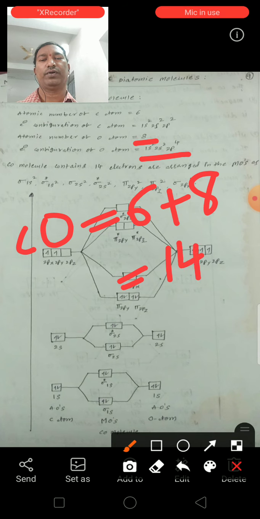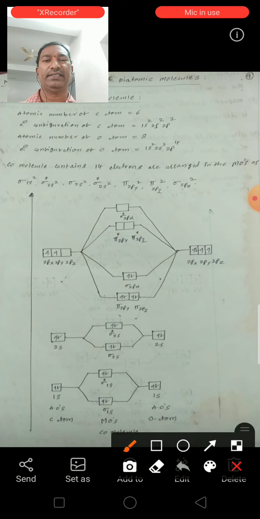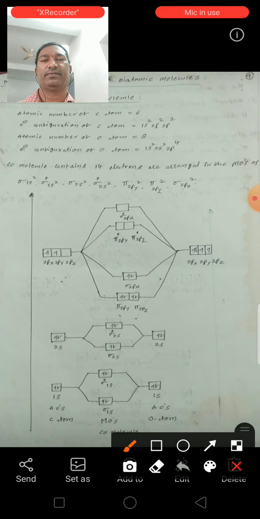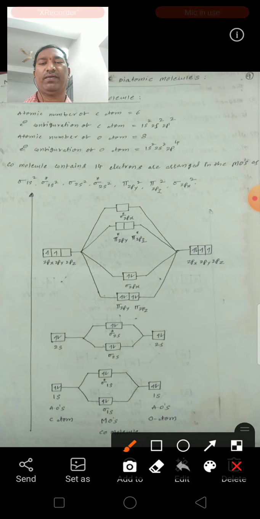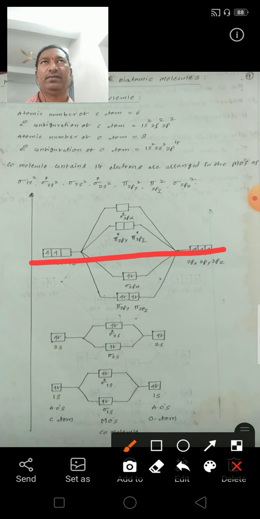These 14 electrons are arranged in the molecular orbitals in this order: sigma 1s, sigma star 1s, sigma 2s, sigma star 2s, then pi 2py, pi 2pz, sigma 2px, and pi star 2p. This is the unsymmetrical molecular orbital diagram. The CO molecule follows the unsymmetrical molecular orbital energy diagram.